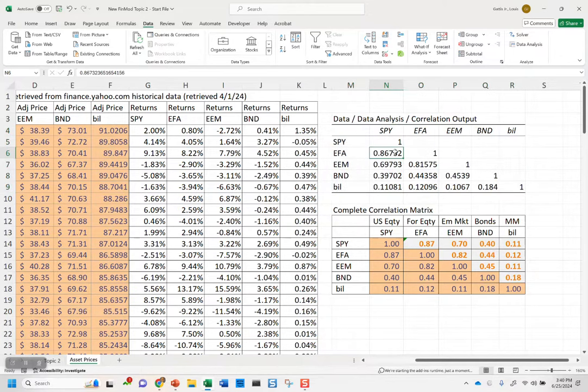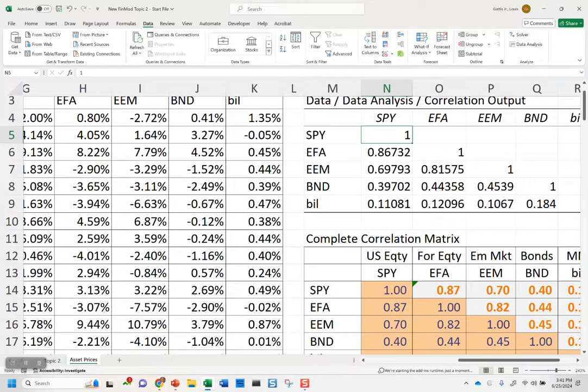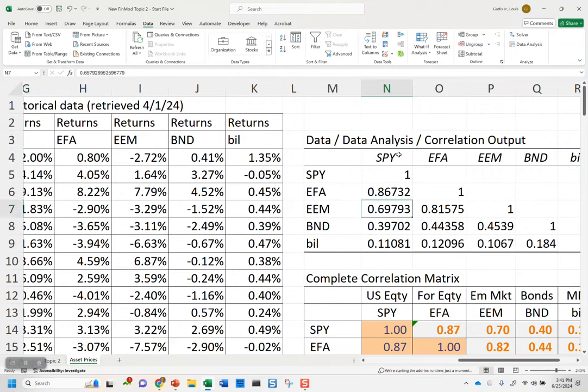So what you see is SPY is perfectly correlated to SPY, EFA is perfectly correlated to itself. So this prime diagonal here is always 1. And then the off diagonals are showing the correlation matrix values. So SPY and EFA, using this data set, has a 0.86 correlation, which is very high. 1 is perfectly correlated.